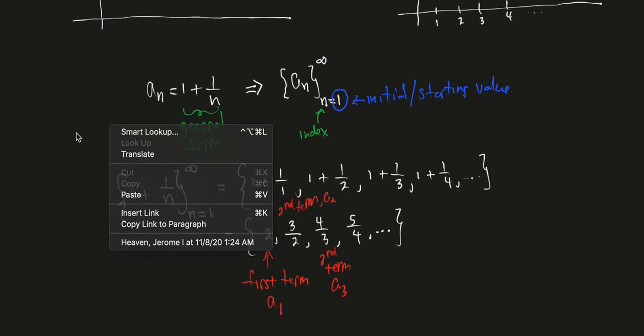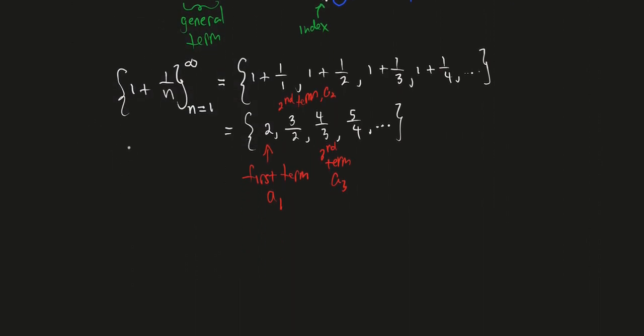So here's an example of another sequence. Let's say I use b this time. So the sequence b, and in this case, let's say we start it at n equals 0, and again, always goes to infinity. And let's say it's of this form, 1 over 3n minus 2.